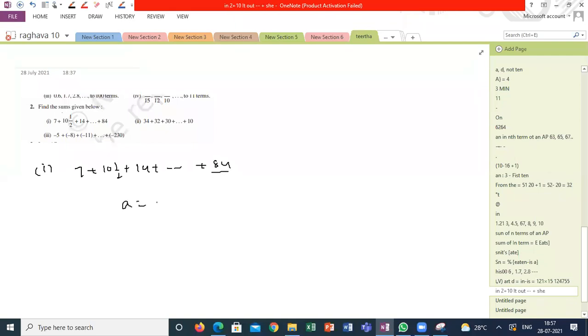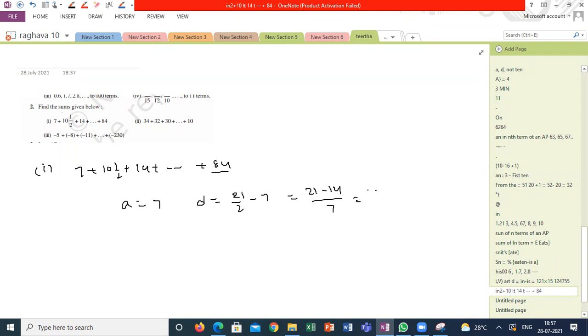My A is equal to 7, D is equal to 10 and half minus 7, that is 21 by 2 minus 7, that is 21 minus 14 by 2.